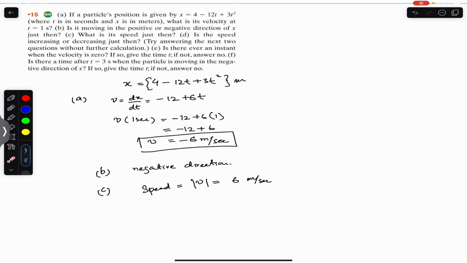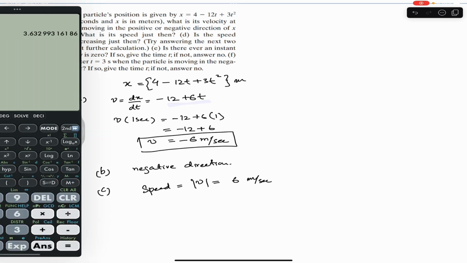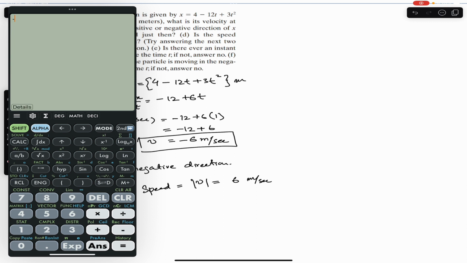And in part D, is the speed increasing or decreasing just then? At t equals 1 second, the velocity is minus 6 meters per second. Now let's substitute t equals 1.2 in this equation: minus 12 plus 6 into 1.2. So the velocity is minus 4.8.